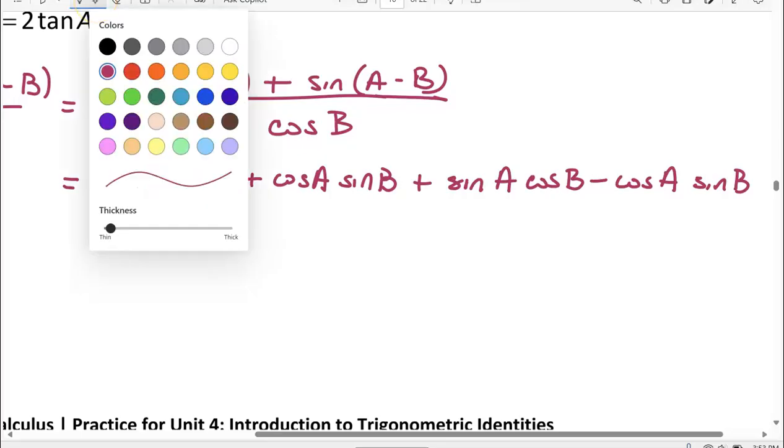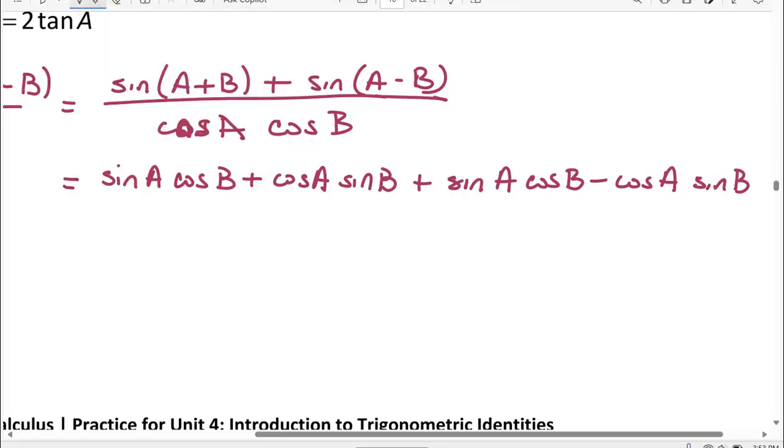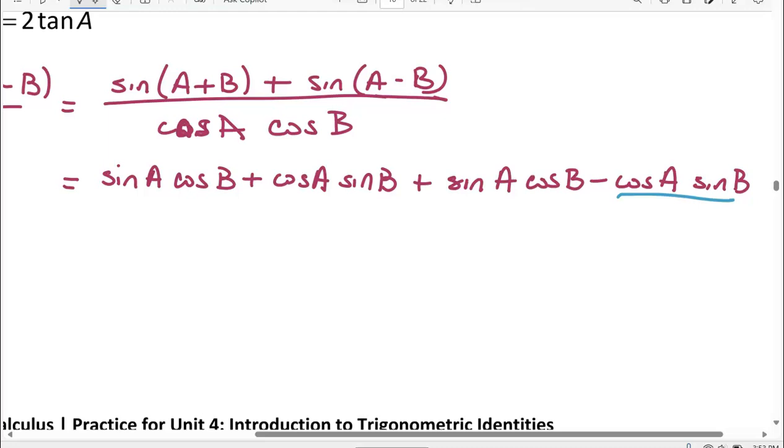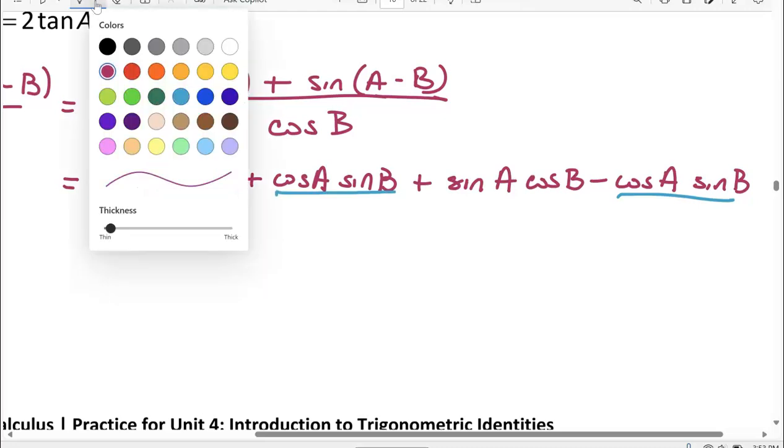And you'll notice that we have two opposite signed terms in that numerator. Those terms are opposites.